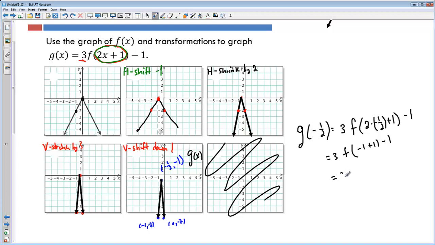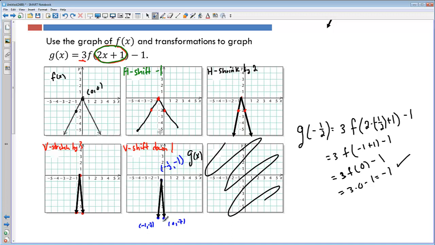And then that's equal to 3 f of, what's f of what? -1 plus 1 is 0, minus 1. And so then what's f of 0? Well, remember, this is the original graph, f of x. If you plug in 0, you get out 0. That's the point 0, 0. And so then we have 3 times 0 minus 1, which equals -1. Oh, it checks. If you plug in -1/2, you do get out -1.